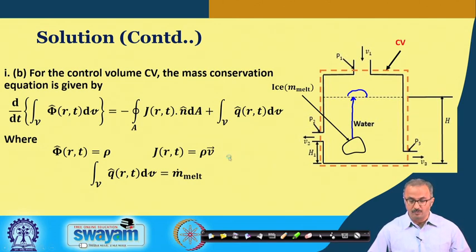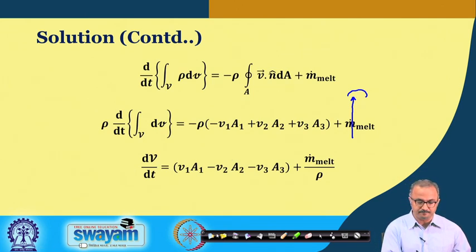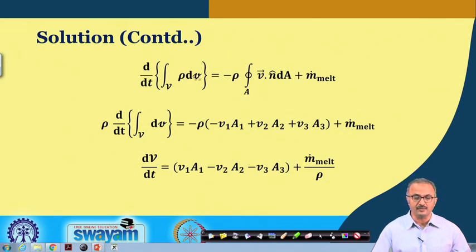Now, we see that this rho dV we are doing on the left hand side, and we are putting this V dot n, and putting the melt term, and again whatever we have done earlier, we find that the rho is taken out of this differential, because it is constant.